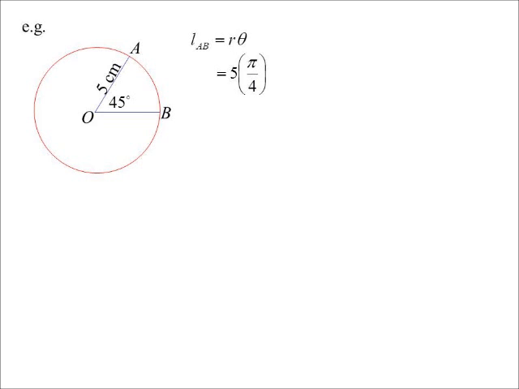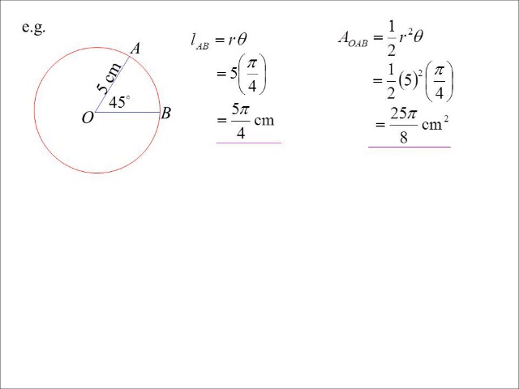And so the exact value would be 5 pi on 4 centimetres, which would be approximately 5 times 3.14159265. Okay, and the area of our little sector there, half r squared theta, again subbing in pi on 4 rather than 45 degrees, is 25 pi on 8.